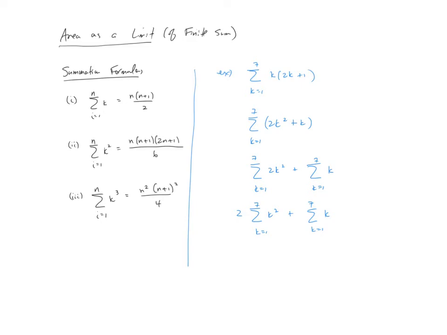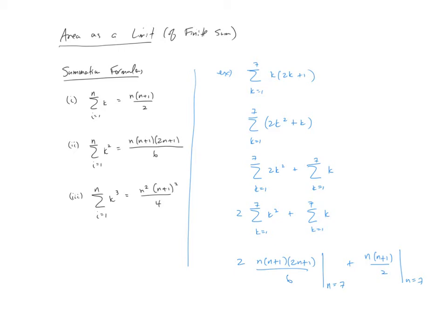My formula says for k squared, n times (n plus 1) times (2n plus 1) all over 6, but again, our n needs to be evaluated at 7. And then plus the formula for just k to the first, also evaluated at 7.